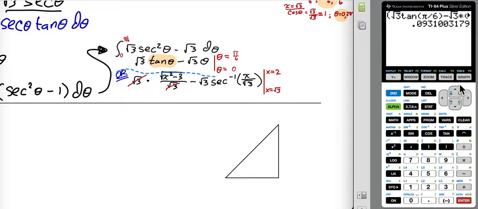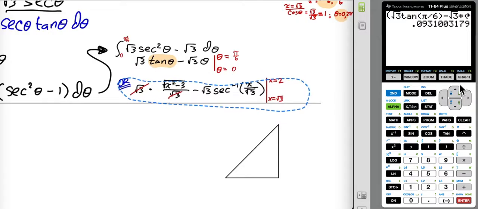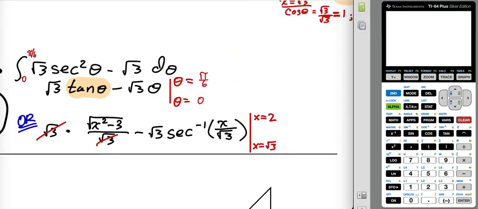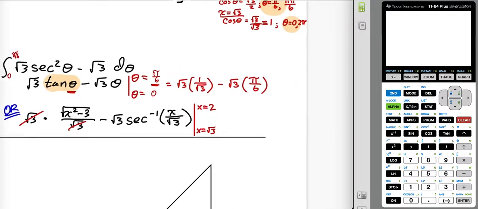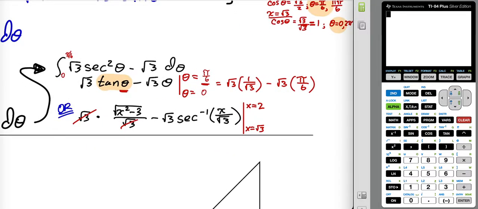So we'll have radical 3 times 1 over radical 3, tangent of pi over 6, minus radical 3 times just a clean pi over 6. If you plug in zeros for theta, it zeroes out, so that becomes irrelevant. So we're looking at 1 minus radical 3 times pi over 6.